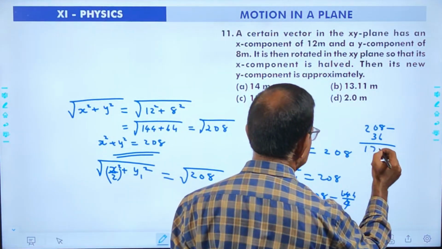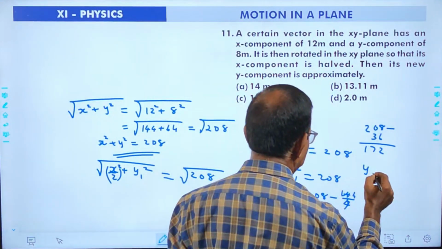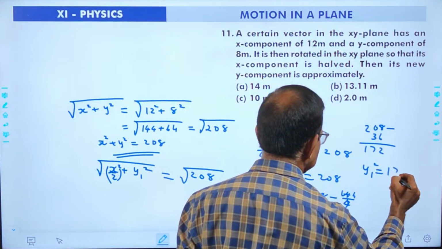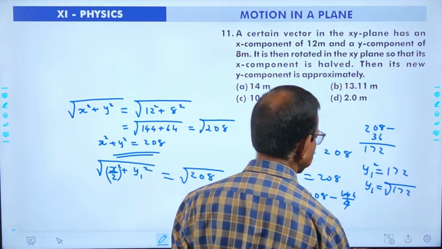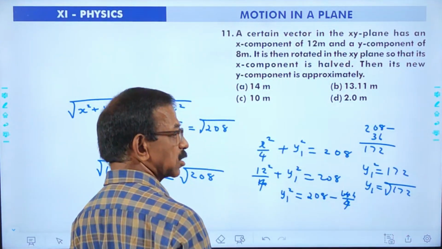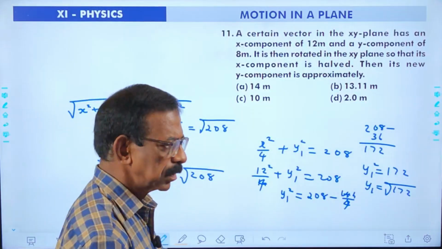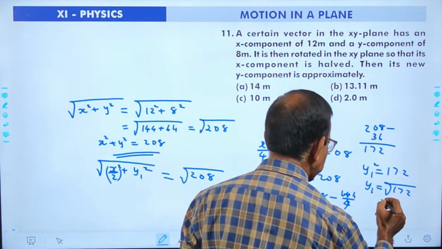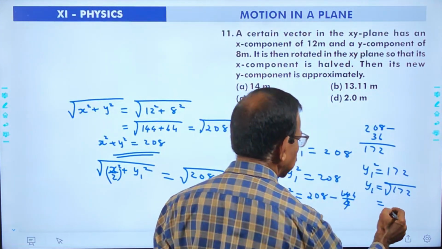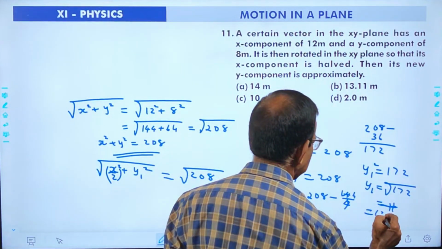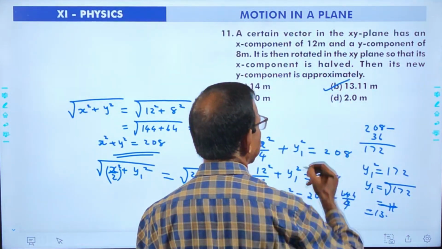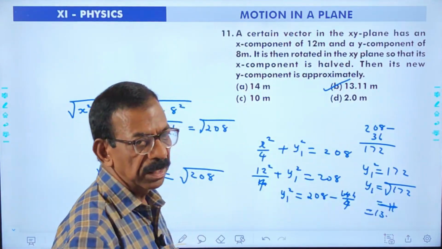Okay, we will get 172. That is y1 square equals 172, y1 equals root of 172. You know that 13 square is 169. Here it is somewhat greater than 169. Hence, the correct answer is to be somewhat 13 point something. The correct answer is 13.11. The correct answer is option B.